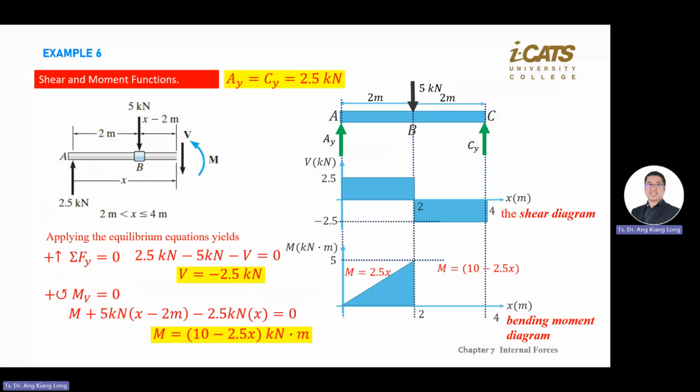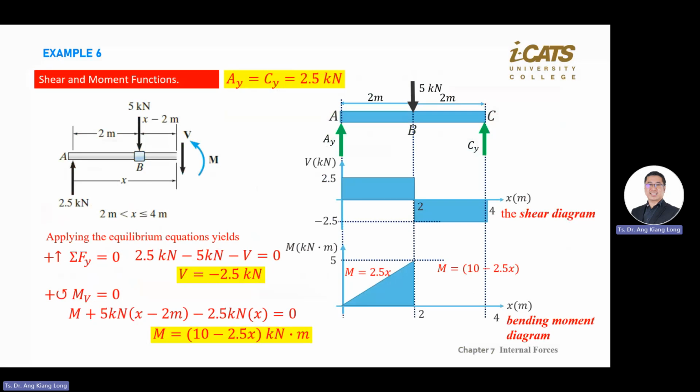Remember to label minus 2.5. When you draw V versus X and M versus X diagrams, leave some space between the two because you don't know whether it's positive or negative, so you leave some space for them.